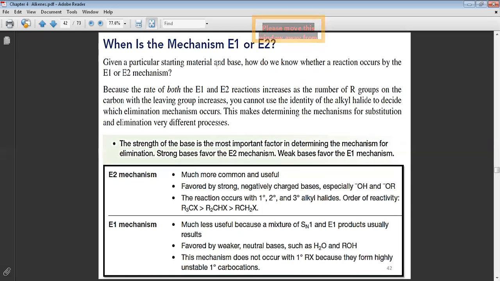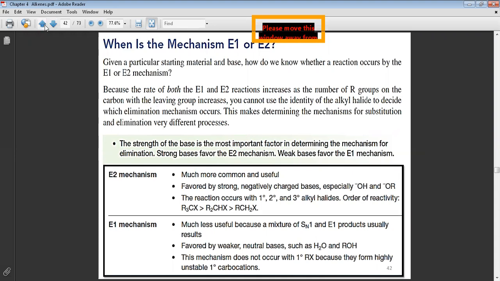And how do we know whether it will be E1 or E2, because the rate of both E1 and E2 reactions increases as the number of R groups on the carbon with the leaving group increases. Here we cannot identify the alkyl halide to decide which elimination will happen.